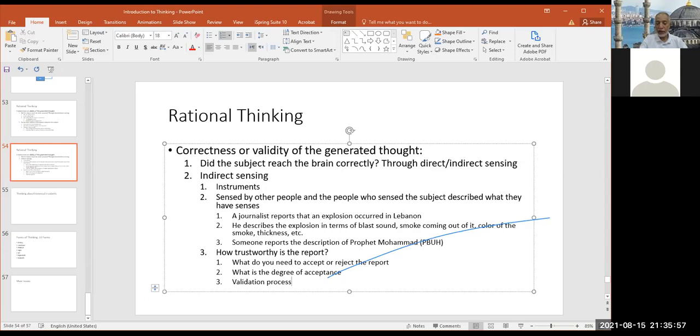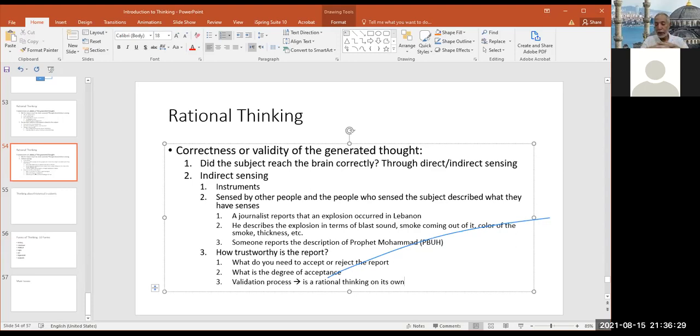So the validation process itself, and that's where the rational thinking becomes very involved, because the validation process is a rational thinking on its own. So you need to pass a judgment or a thought. What is a validation process? How can I validate historical reports?